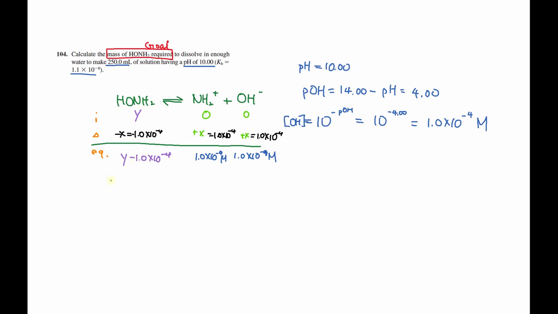The Kb is the equilibrium constant for this base reaction, so it's going to take the product, OH minus times NH3 plus, over our reactant.